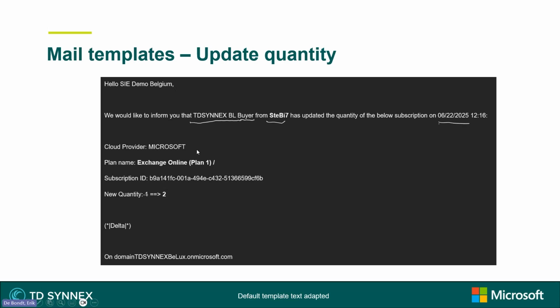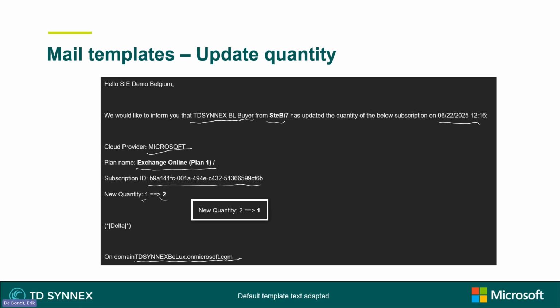So you can see who did it. 36, that's the buyer, from that customer, and the date, cloud provider, the product, the subscription ID, and the quantities that has been changed. And then also the domain that is being used by the customer. So all that information is available for you to check what is happening.